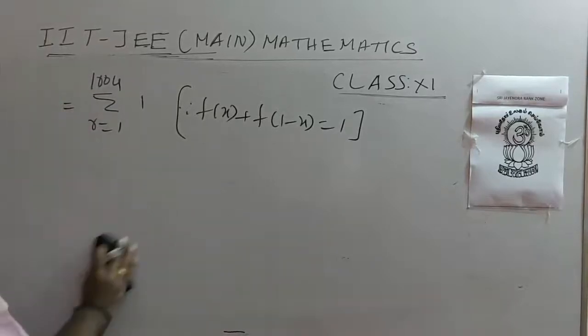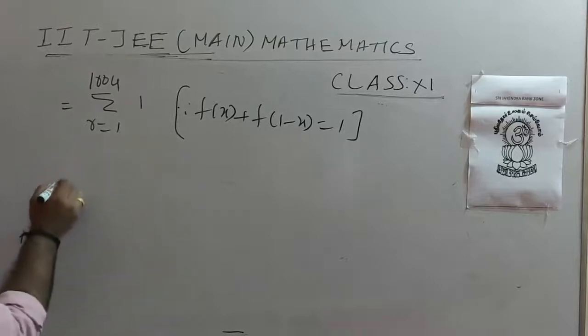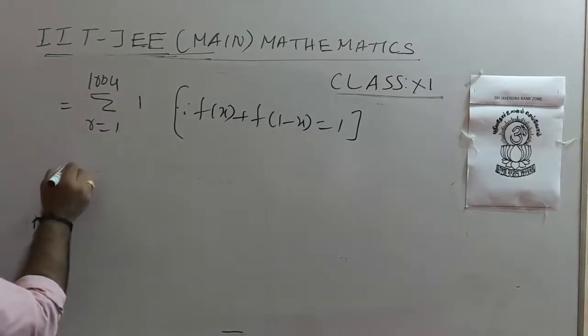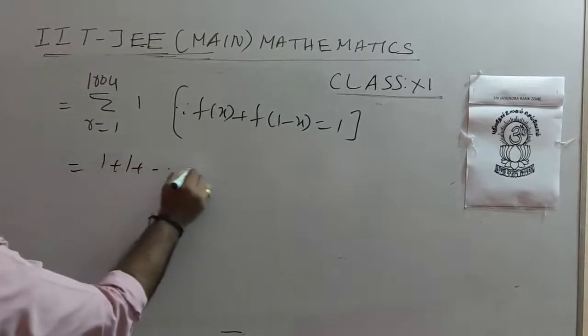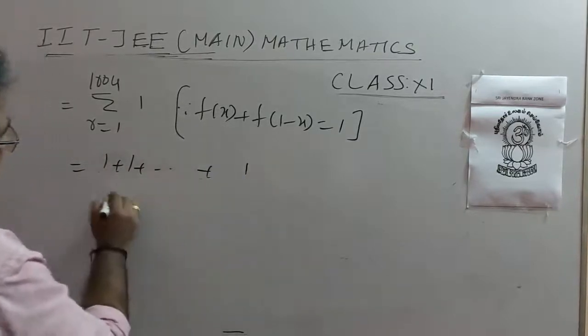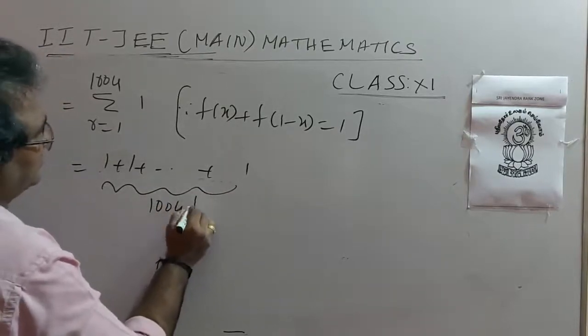So r equal to 1 to 1004. So you have to add 1, 1004 times. That is 1 plus 1 and so on, 1004 times.